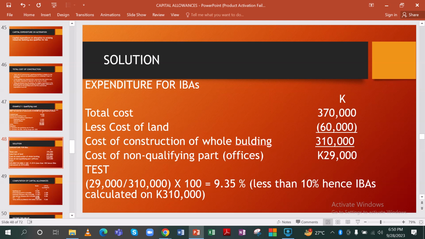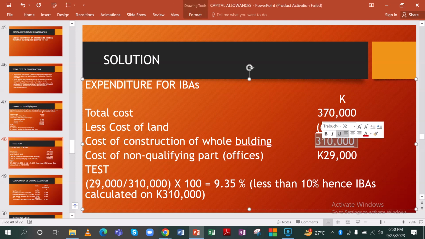Hence, the industrial building allowances will take that component of general offices to be an insignificant portion of the total cost, and we just ignore it as if it didn't exist. We just pick the figure 310 as the qualifying cost for industrial building allowance purposes.